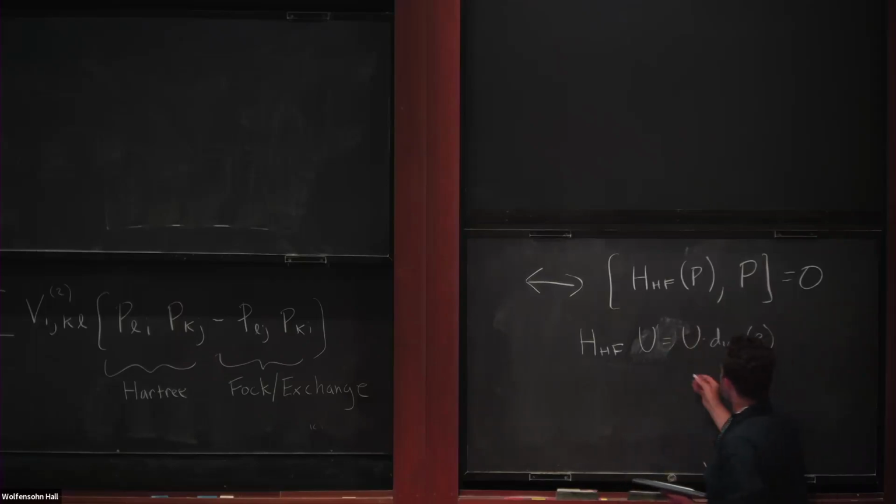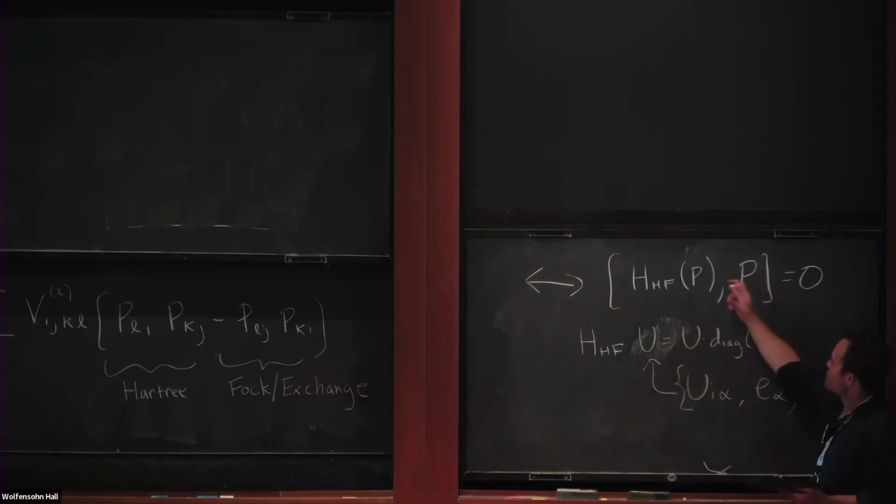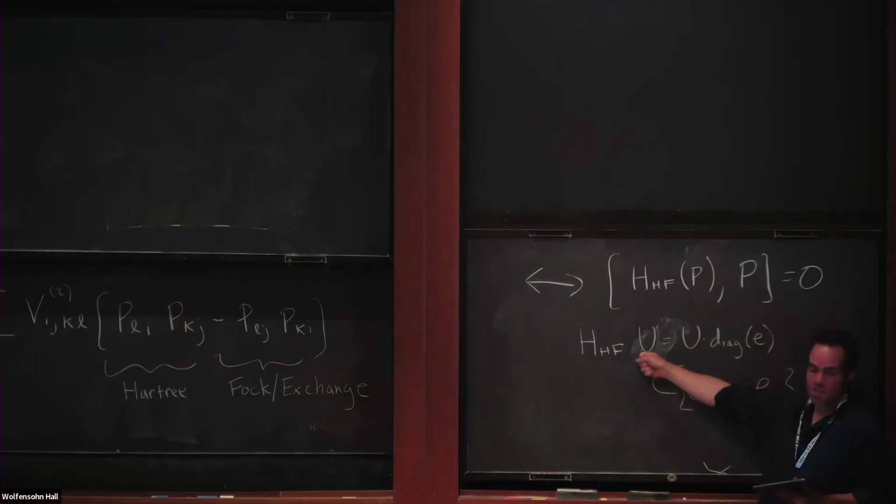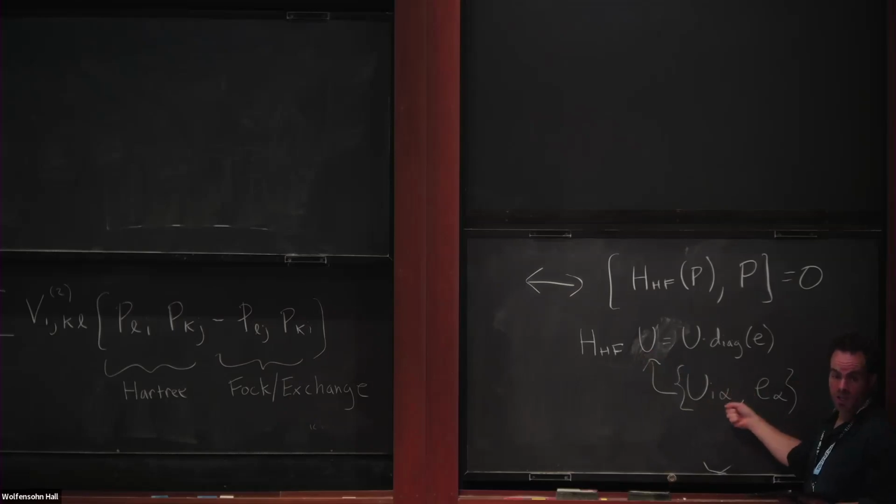I just diagonalize it, and if I unpack this notation, what I'm finding is a unitary matrix U_iα and a spectrum E_α, the eigenbasis of the Hartree-Fock Hamiltonian. In order for these to commute, the projector is diagonal in the alpha basis, and because it's a projector, its eigenvalues are just 0 and 1. So the projector corresponds to diagonalizing the Hartree-Fock Hamiltonian, and then either emptying or filling the various orbitals.